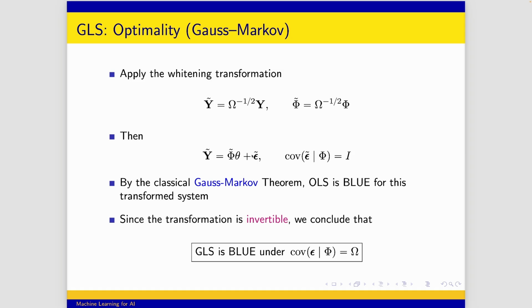Now, this transformation is invertible. And so we conclude that generalized least squares is the best linear unbiased estimator for all errors with this covariance, omega. Okay. So we do indeed have optimality via the standard Gauss-Markov result. And we can actually directly prove it, but we don't need to, because actually Gauss-Markov is more general.